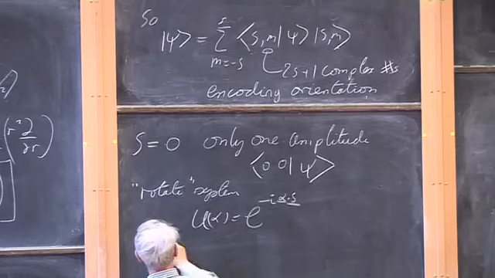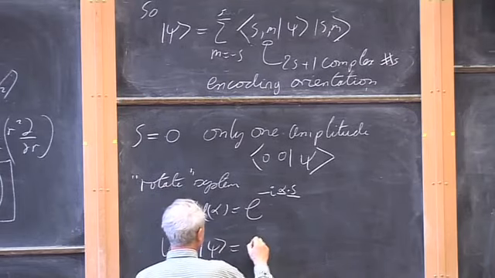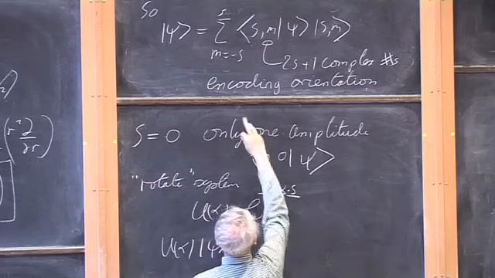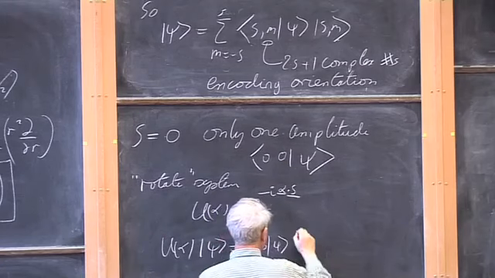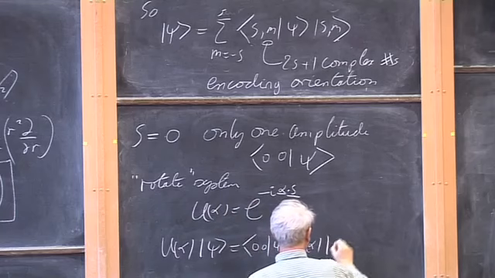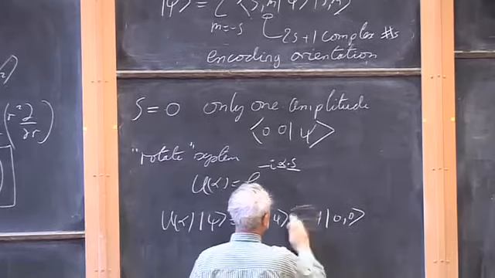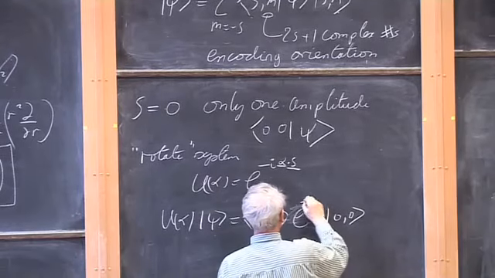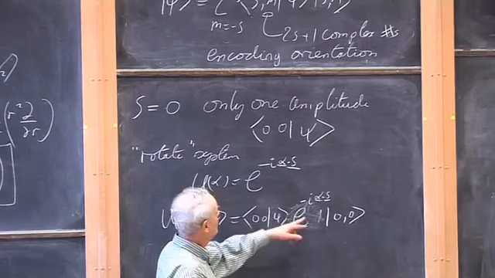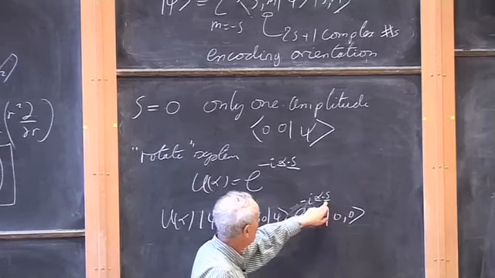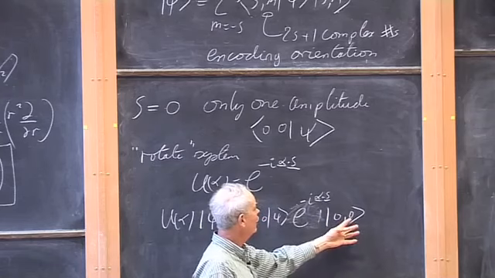Then if I use this u alpha on a psi, what do I get? Using that expansion, I get the amplitude times u alpha on the 0 state. Let me replace this by e to the minus I alpha dot S. When this operator sees this ket, it thinks, nothing doing, 0.